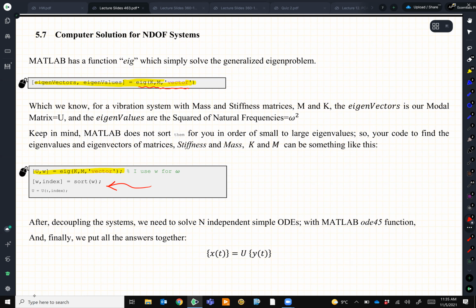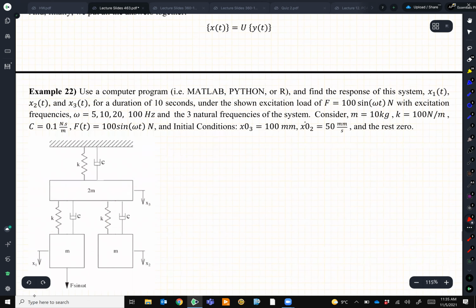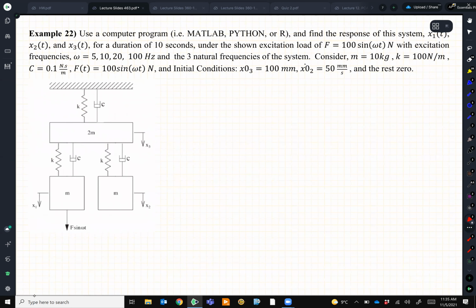That's all. Now what I want to do is solve one example, example 22, one complete example. So you will see all these steps together. Okay, I want your attention for the next 15 minutes here. And at the end, we will see what it is. The damping here is not diagonal, which hopefully in the afternoon you will go to the tutorial and see how you can solve it in MATLAB.